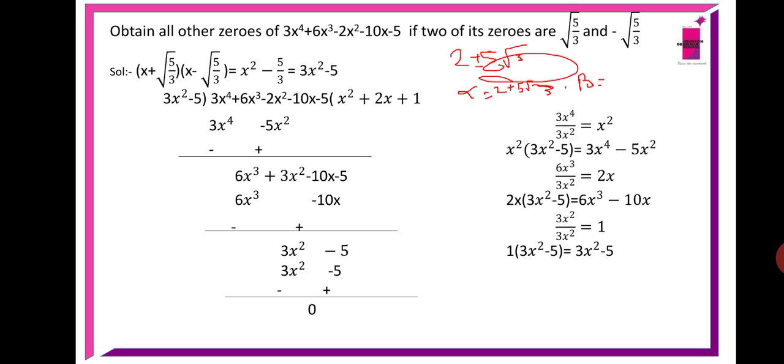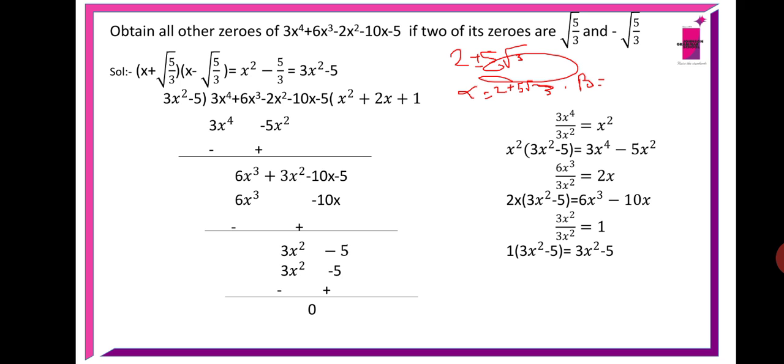Now here, one of the zeros is root 5 by 3, so what will be the factor? You have learned in grade 9 about the factor theorem: if x plus a is a factor, then f of minus a equals 0.